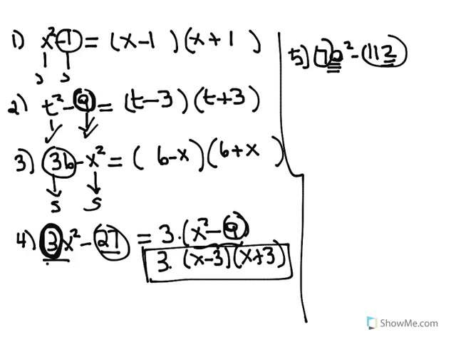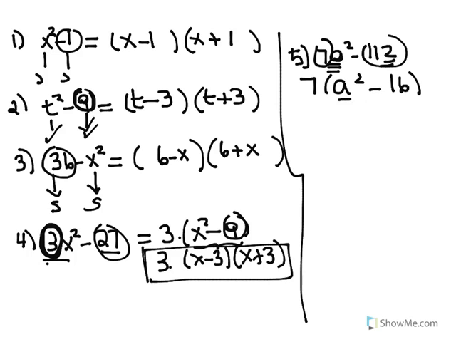If you divide 112 by 7, you get 16. So it will be 7 times a squared minus 16. Okay? 7 divides 112. If you divide 112 by 7, you get 16.